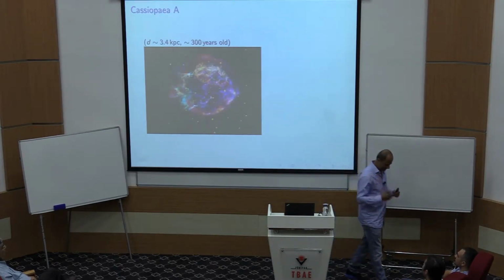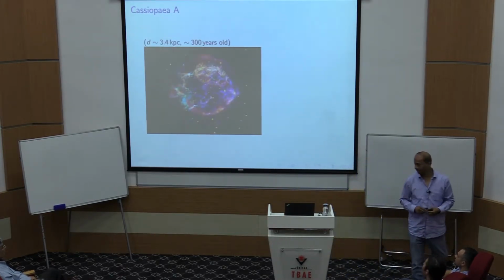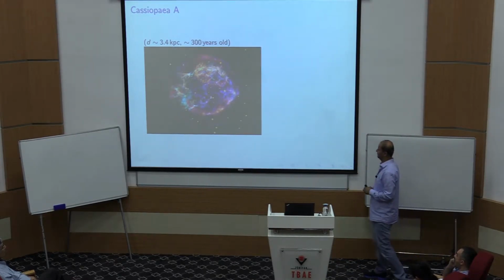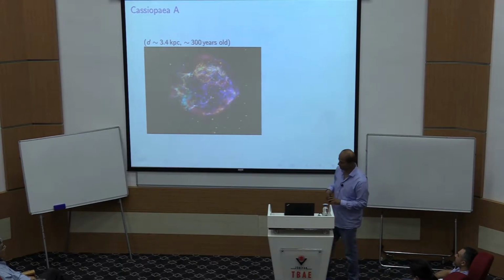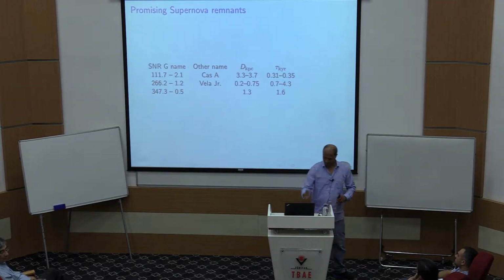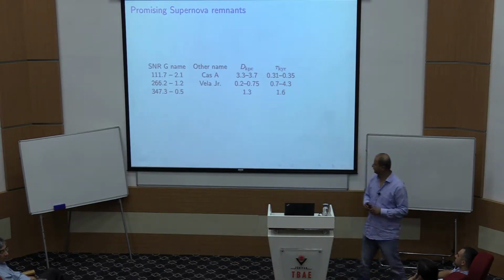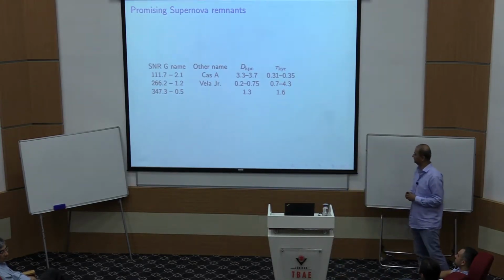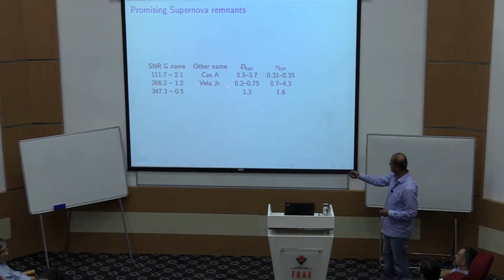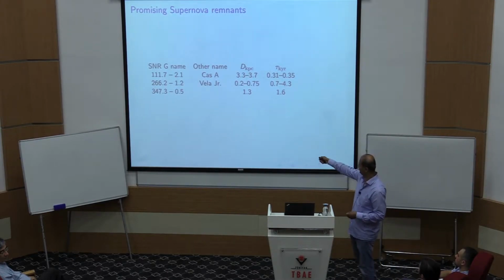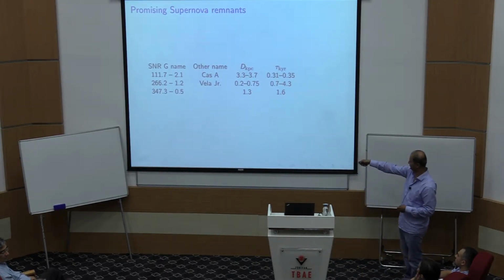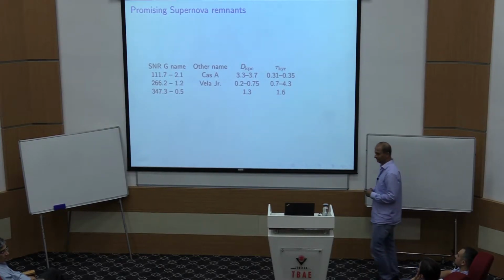So one of the nice sources that I'll talk about is called Cassiopeia A. It's a supernova remnant about 3 kiloparsecs away, and it's 300 years old. So it's the youngest one. But this is the list of the 3 that were targeted in this case. So there's Cassiopeia A. But the most interesting one is actually Vela Junior. And there's one more which doesn't have a short name, so it's just G347.3-0.5.